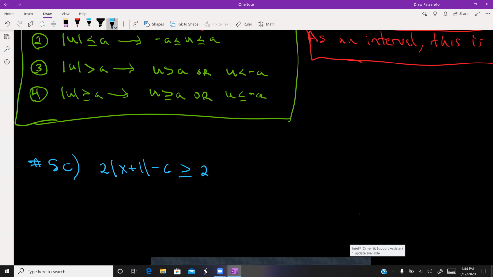Yeah, so before using the definition, so before applying the stuff above, you need to get the absolute value term by itself on one side.